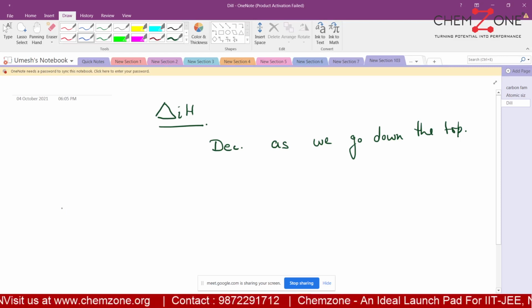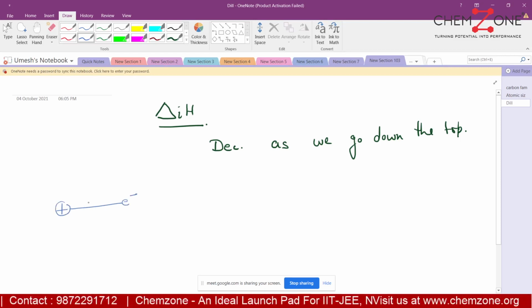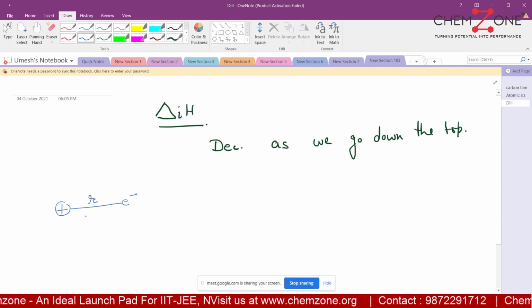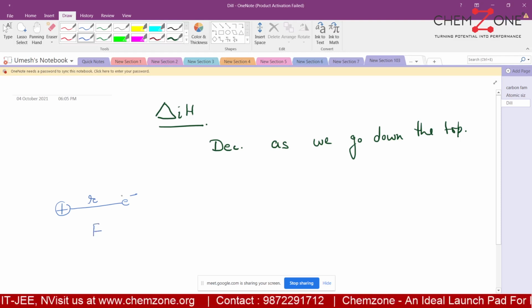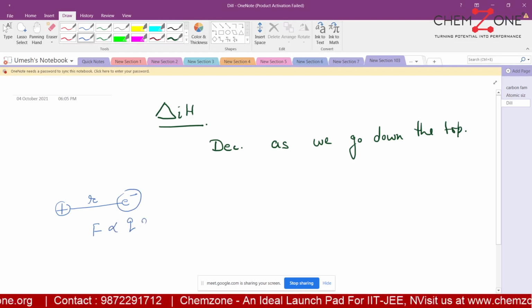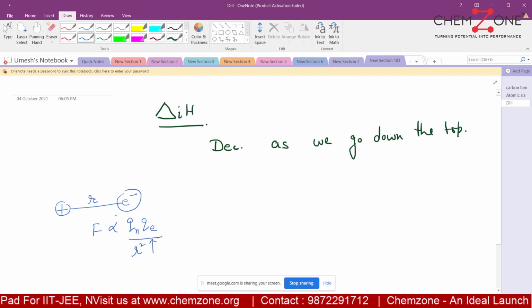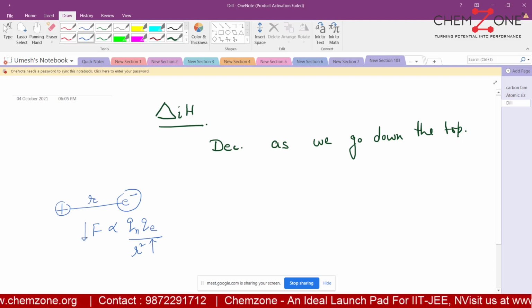The energy required depends upon the electron and nucleus distance. The force of attraction on the outermost electron by the nucleus is directly proportional to the charge on the nucleus times the charge on the electron, divided by r squared. As r increases, as the atomic size increases, the force of attraction between the two decreases.